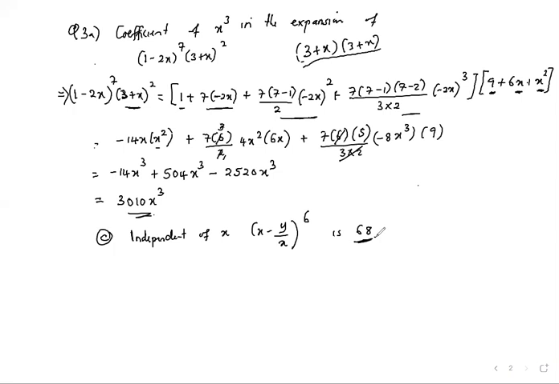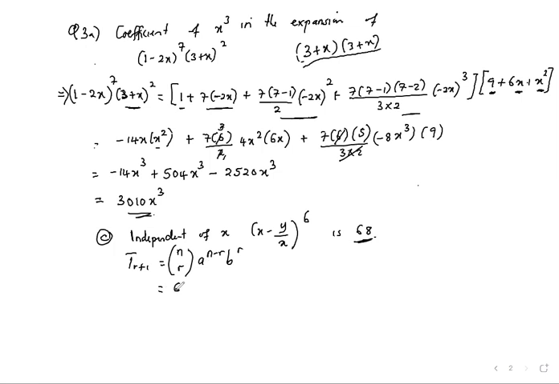If you discover that it's the only thing you have which doesn't have x, what do you do for y to make it 68? So ours is to find the term independent of x, and things will sort out themselves. So we'll have nCr a^(n-r) b^r.